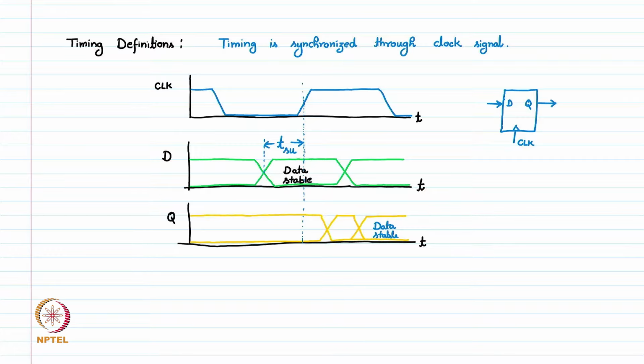So for example, this is the instance, and after this, for how long this data should be stable so that it is read properly by the register. This is hold time, T hold. So these are the two critical parameters for the timing analysis. One is the setup time and second is the hold time.